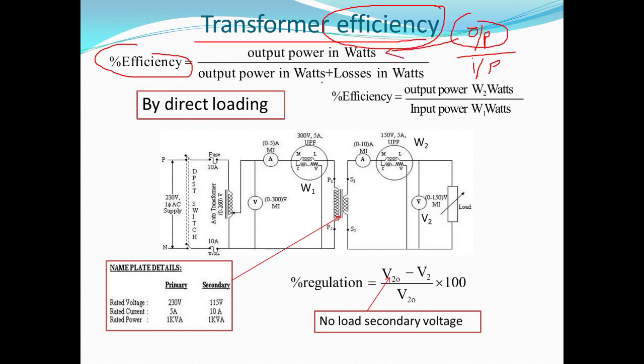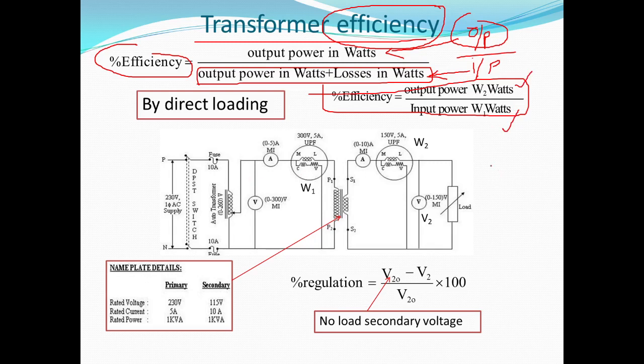Output power plus losses in the machine is written as input. The input is useful to supply the losses in the machine as well as the power transferred to the output side. So by the direct method, this is the formula of efficiency. Power is measured in watts.